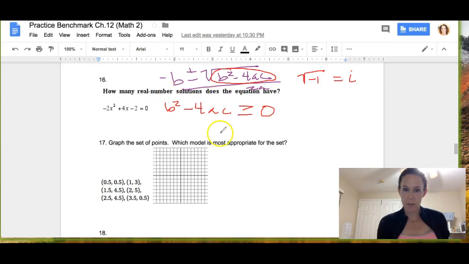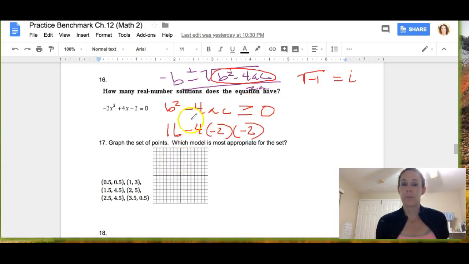So we got b squared minus 4ac, and let's go ahead and do this. Let's go b squared, so we're going to go 4 squared, which is 16, minus 4 times a, which is negative 2, times c, which is negative 2. Now, is this greater than or equal to 0?